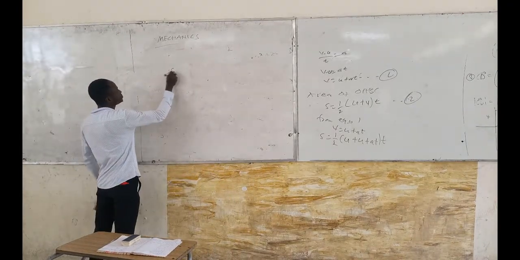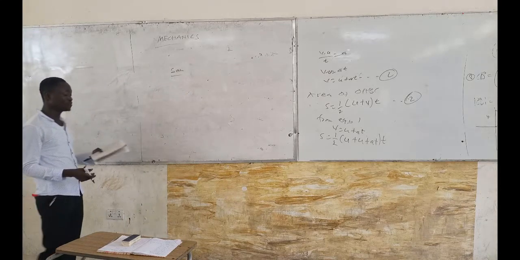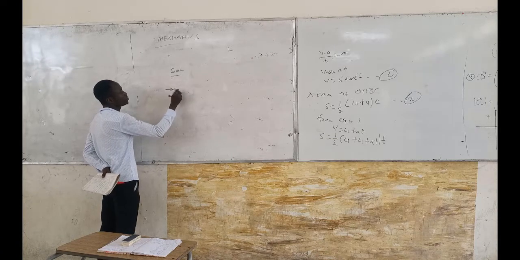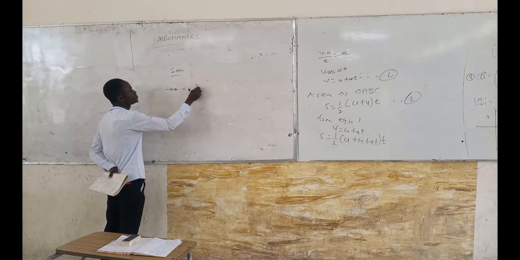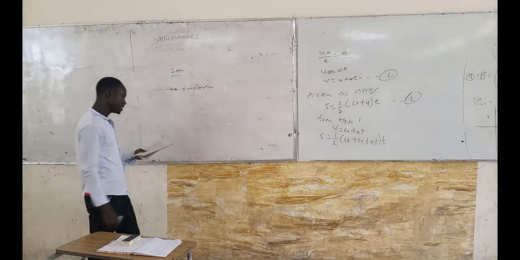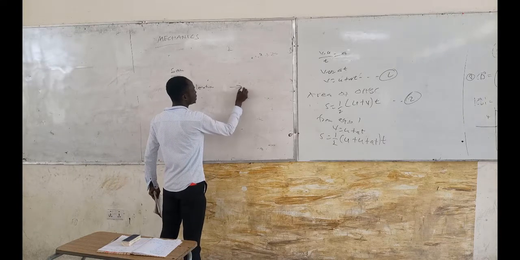Solution. What we have in the problem, let me specify. I want to define a as my acceleration, because I want to make use of them, and then v as my velocity.